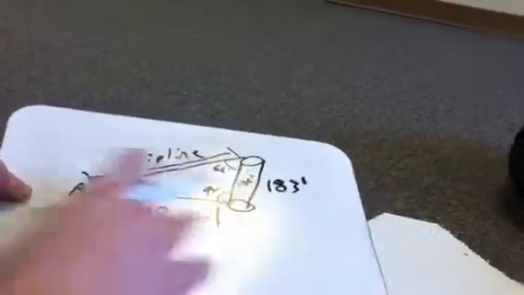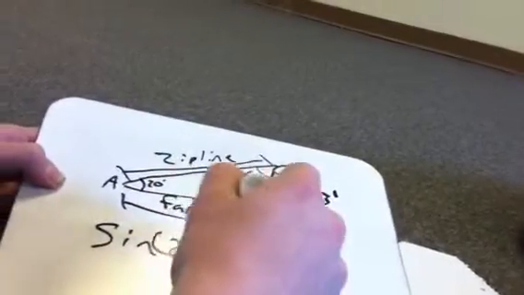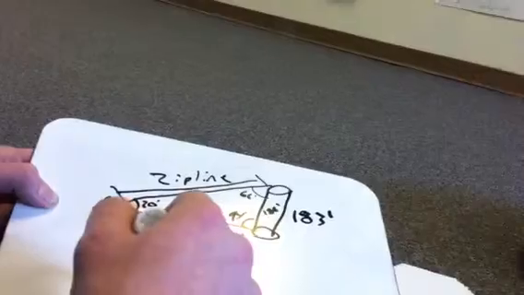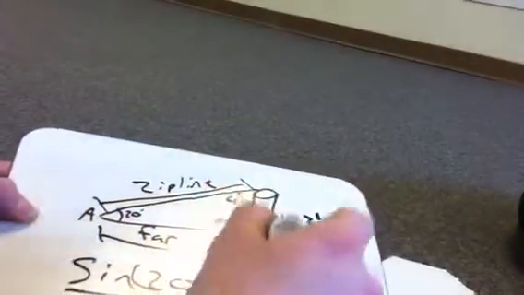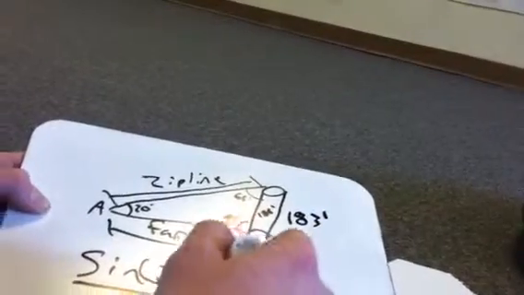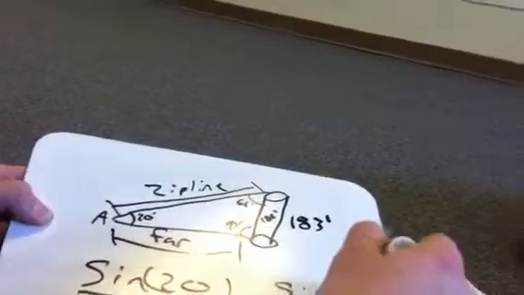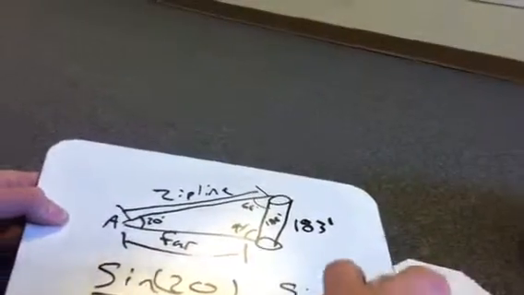And to see how far away you are, you would take the sine of 20 right here over 186, which is the closest side, and equal that to sine of 66, the angle right here, because they are opposite, over how far away you are.